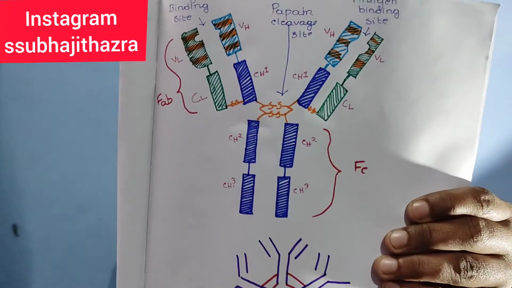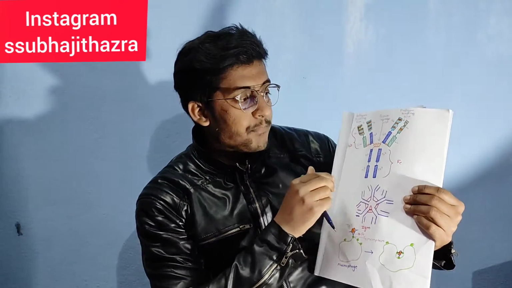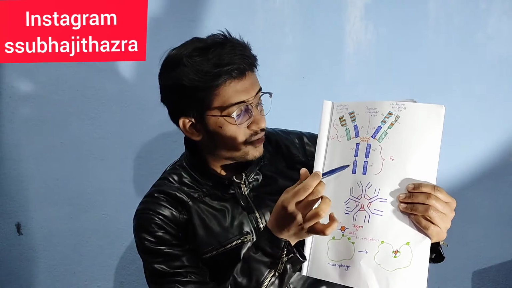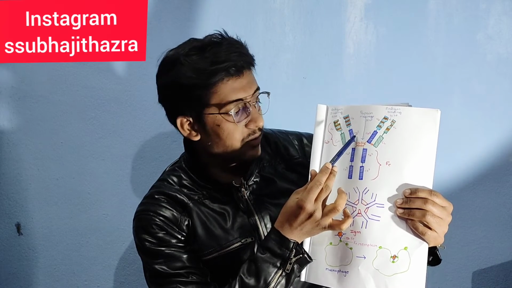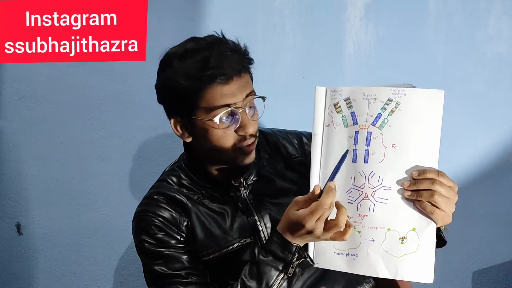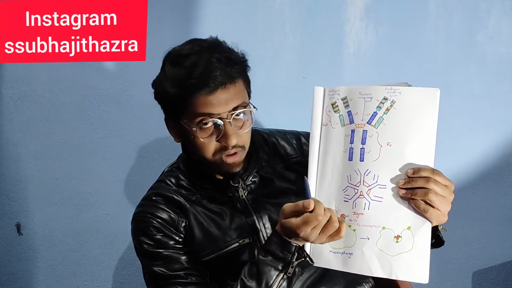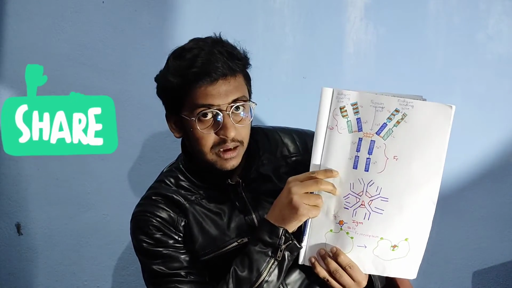So as you can see, the disulfide bond. Now the constant region. This is constant 1, C means constant, H means heavy: CH1, CH2 constant heavy 2, CH3 constant heavy 3. What do we mean by this?